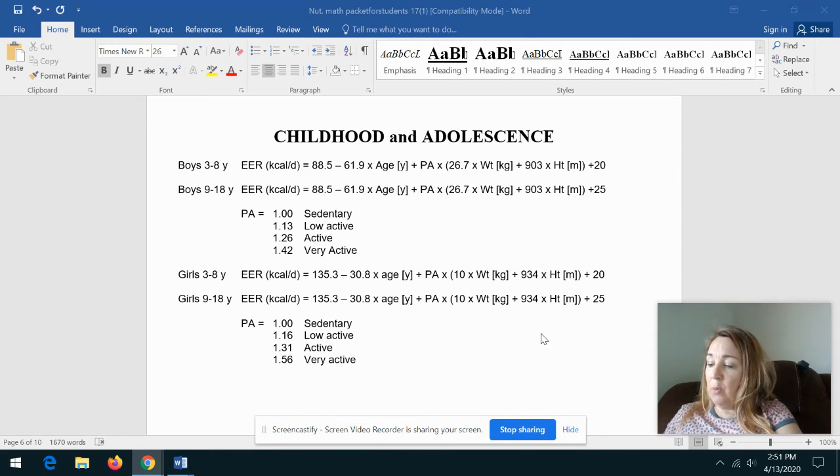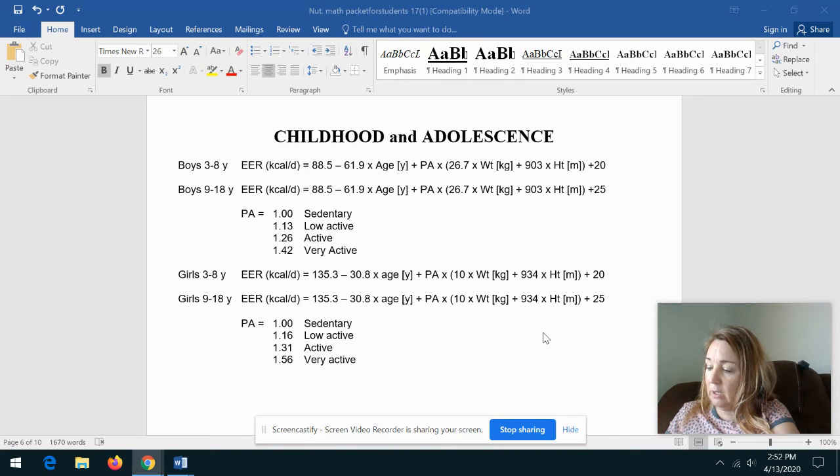And then I'm going to take the 1.56, that's the physical activity, times 1,629. Okay. Everybody with me? 1.56 times 1,629. Okay. We also need to complete the 30.8 times 10, and that's an easy one, right?